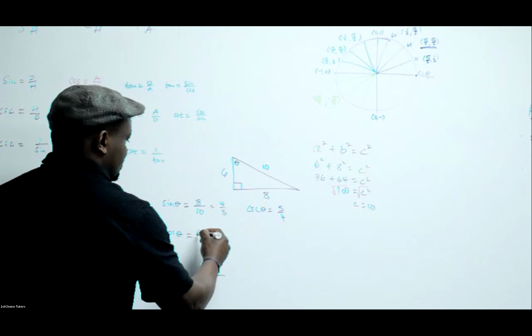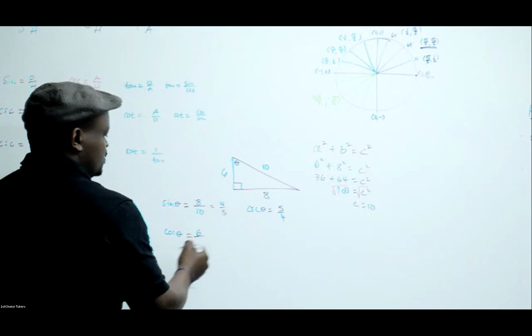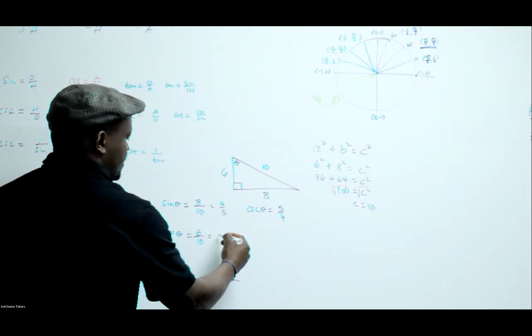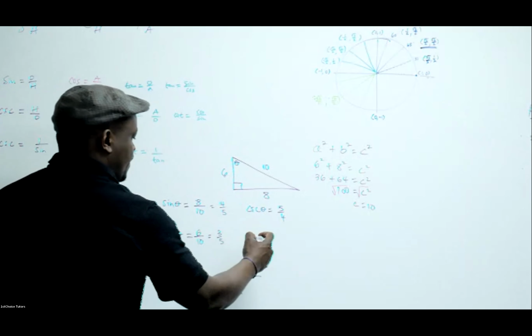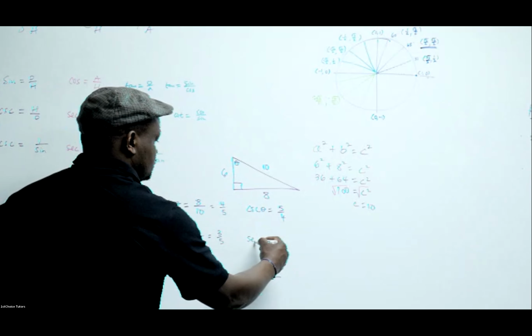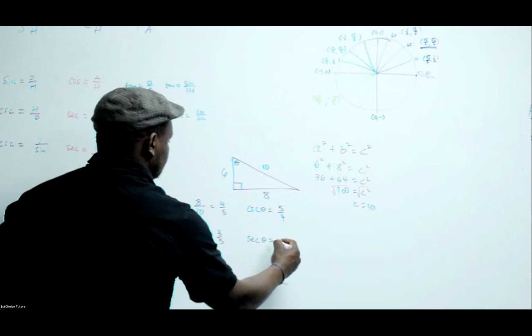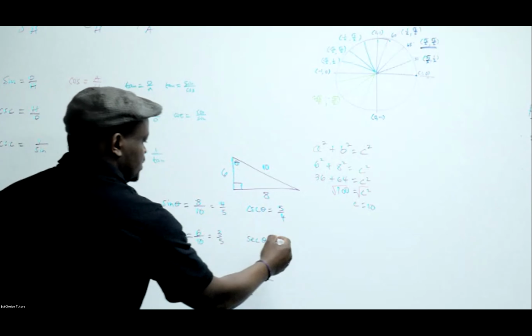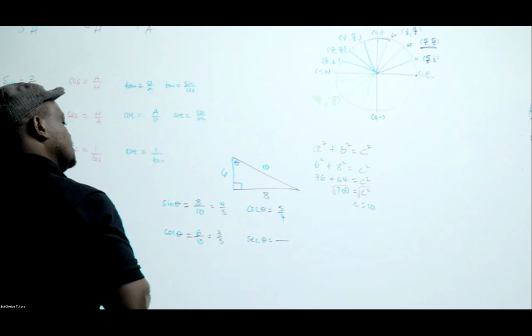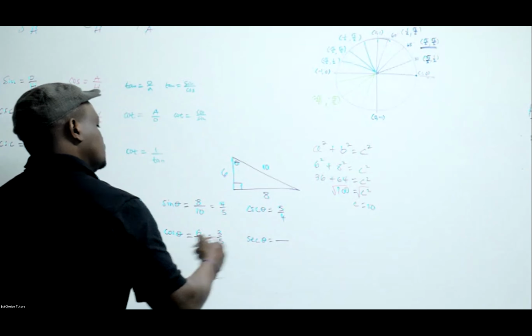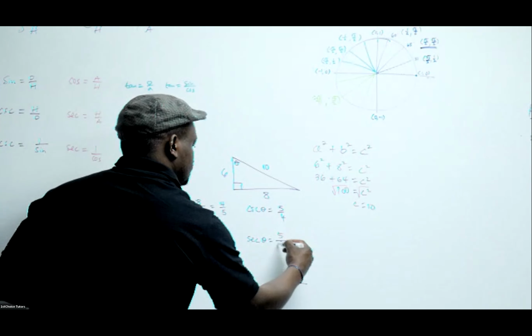So 6 over hypotenuse, which is 10. Does that simplify? Yep. Simplifies to 3/5. What's the inverse of cosine? Secant. So what's our answer going to be for the secant? It's going to be 5/3. Very good.